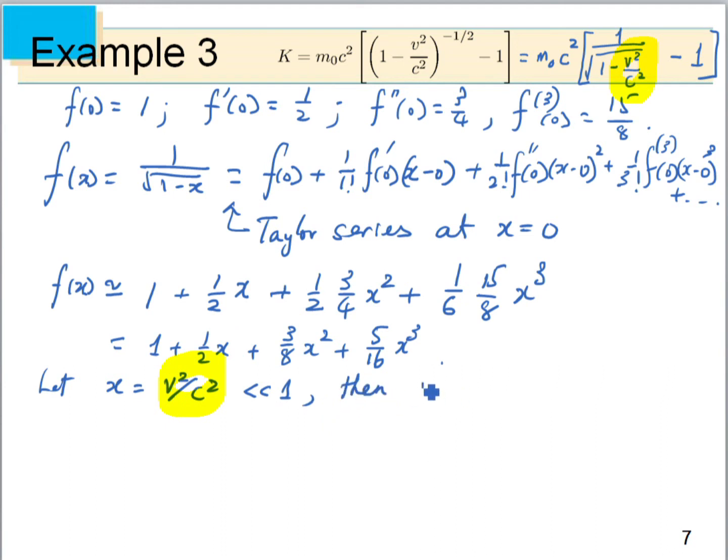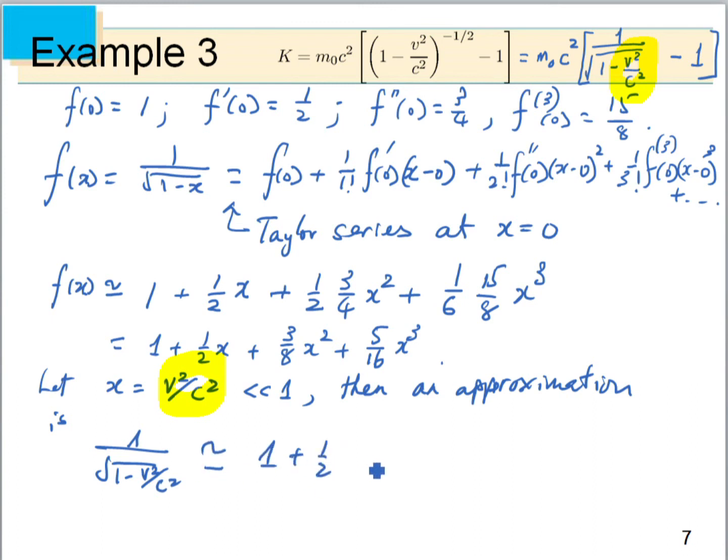Then an approximation is f, or rather 1减v 平方 over c 平方根号分之1，其实就等于1加1/2 v 平方 over c 平方加3/8 v 4次 over c 4次再加5/16，这个是6次，right?